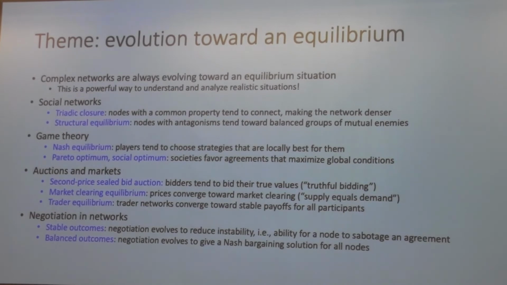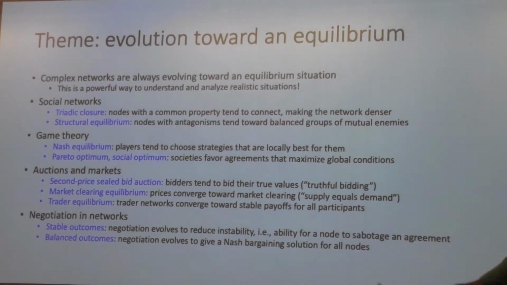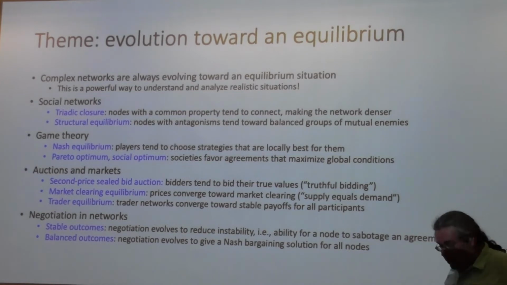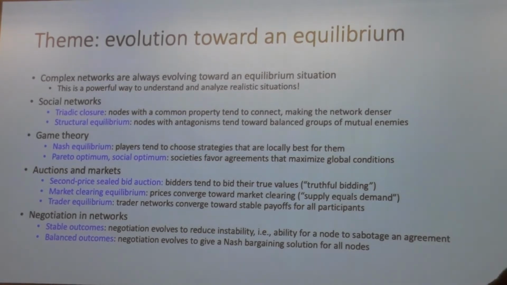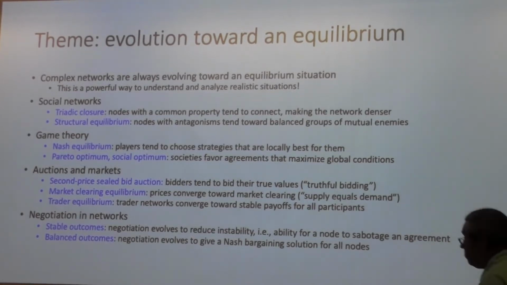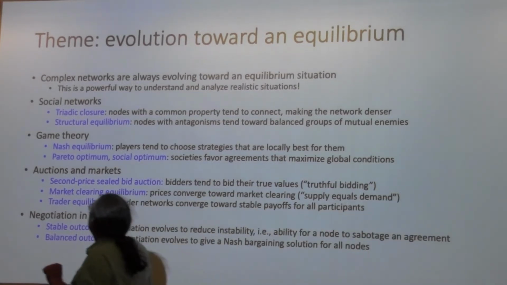This is a summary of the evolution and convergence. You have to imagine that real world situations are always dynamic, always changing, but always moving toward some kind of stable equilibrium. I'll now give you many examples.